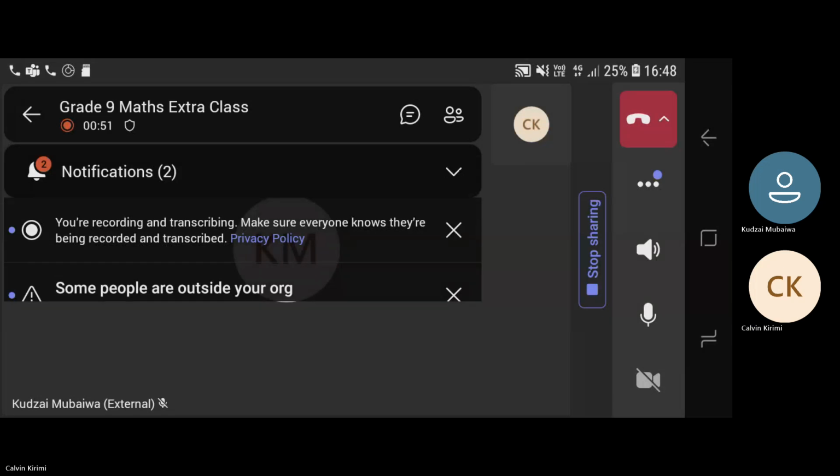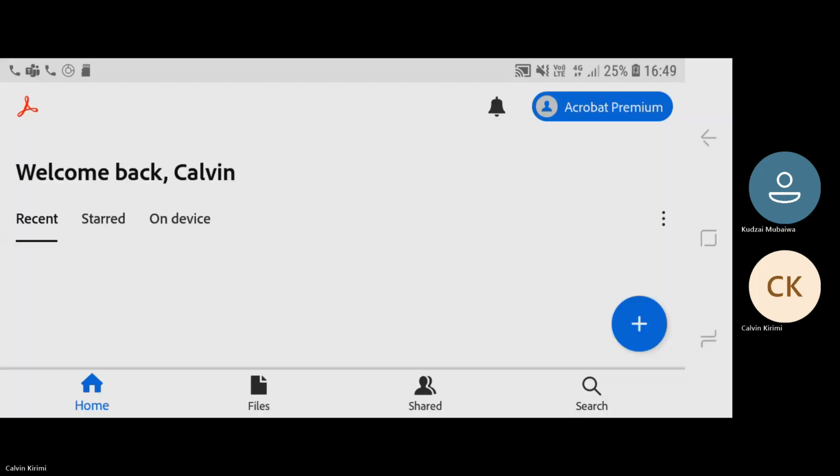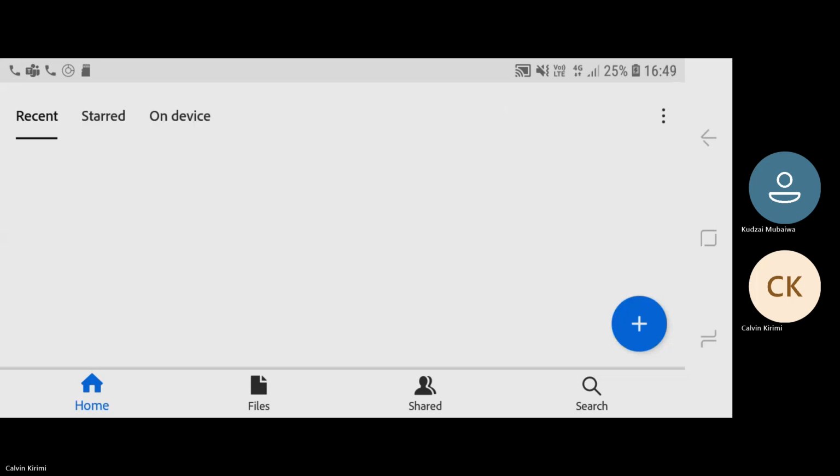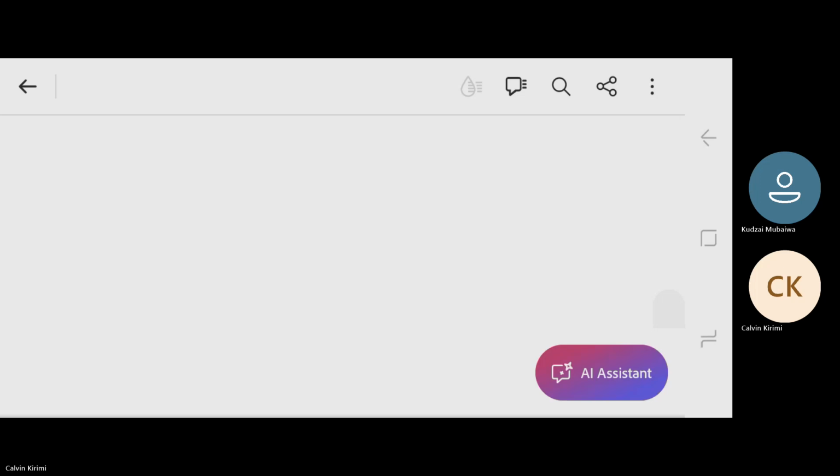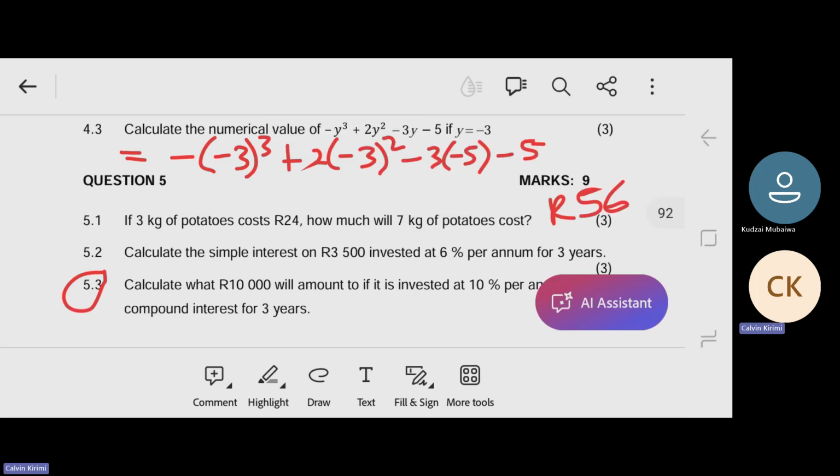Are you there? Yes, sir. We're discussing whether the graph is increasing or decreasing.